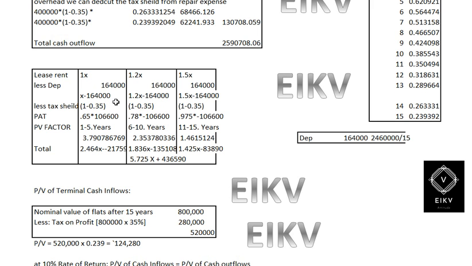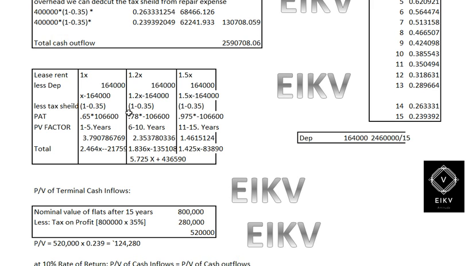After considering the tax shield, the profit after tax will be 0.65 into (x minus 1,64,000) for the first 5 years, for 6 to 10 years it would be 0.78 into (1.2x minus 1,64,000), and for years 11 to 15 it will be 0.975 multiplied into (1.5x minus 1,64,000).